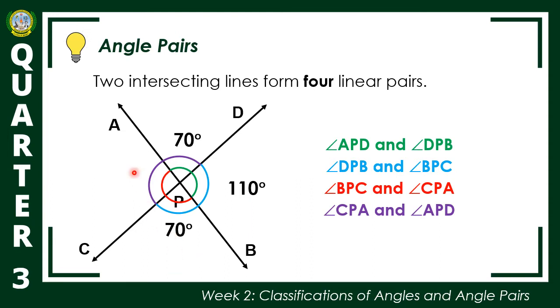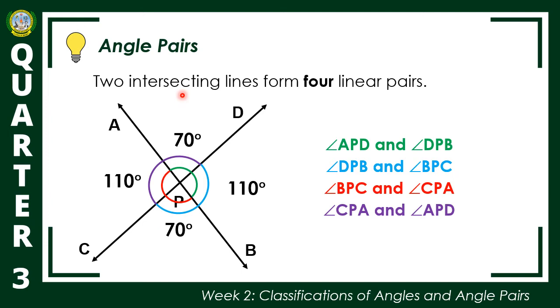So for the last angle, angle CPA, since it forms a linear pair with angle APD or pwede rin kay angle BPC, so subtract lang natin yung 70 from 180 and we will get 110 degrees ulit.